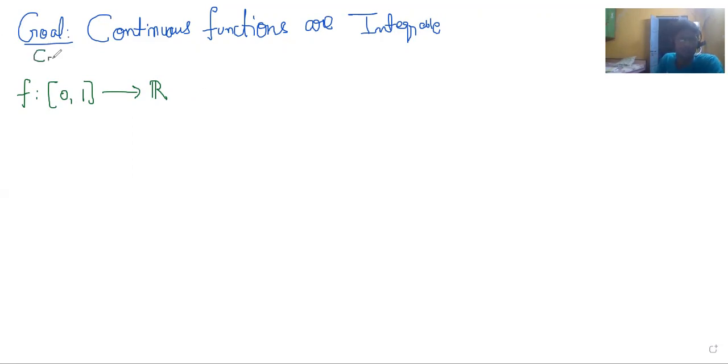Right. So basically what we want to say is that the epigraph has a well-defined area.